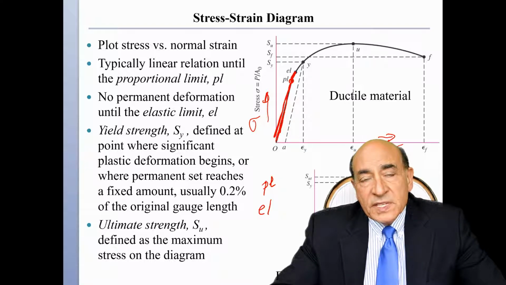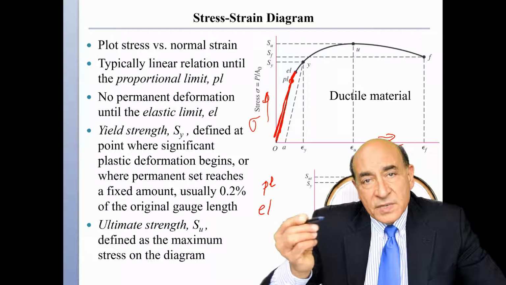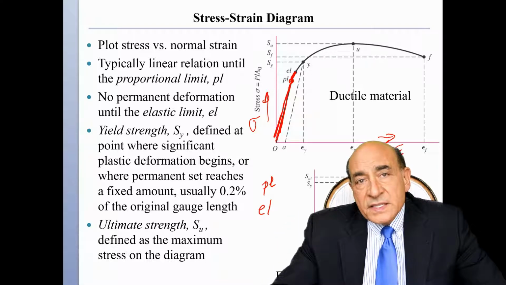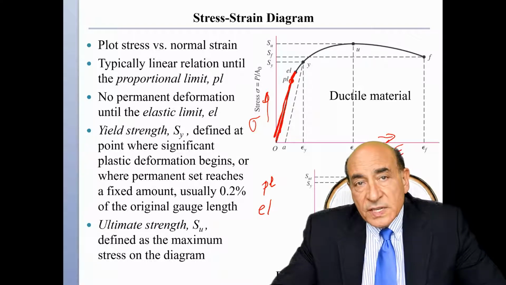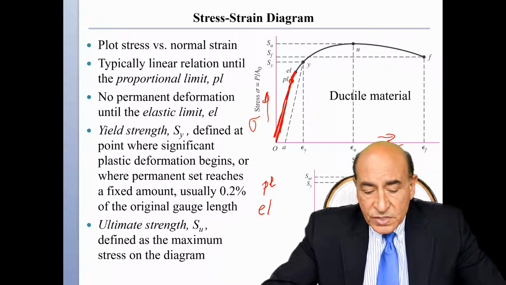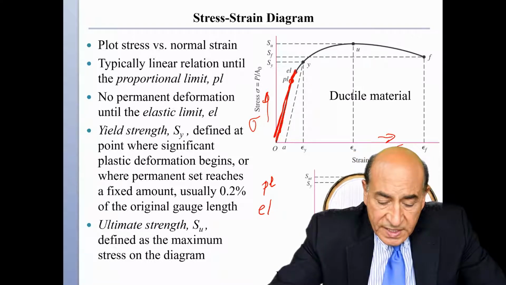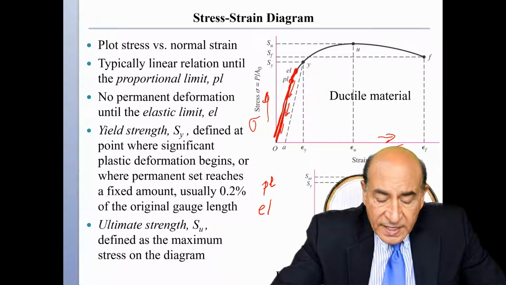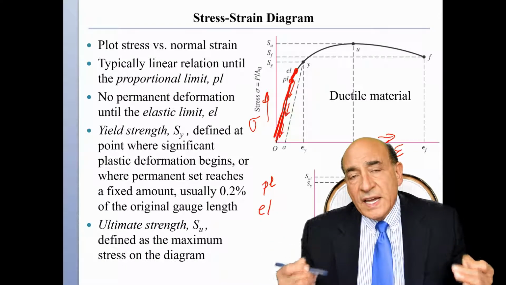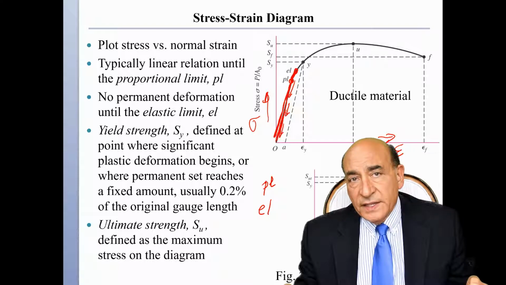The elastic limit has some nonlinearity, some curvature, but the definition of the elastic limit is that if you remove the stress or the load, you recover all of the strain. In other words, up to point EL, if I remove the load, then the unloading is going to be all the way down to zero. We'll have zero strain at the end of the unloading cycle.